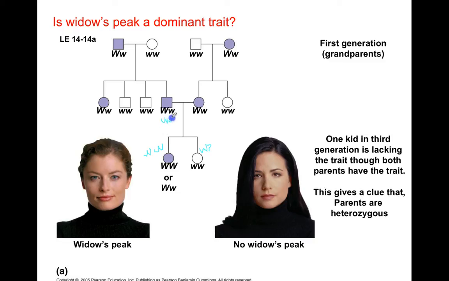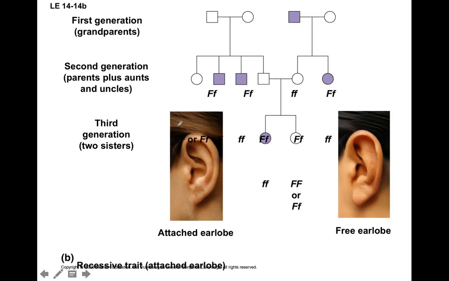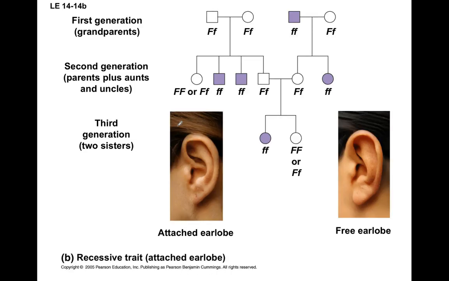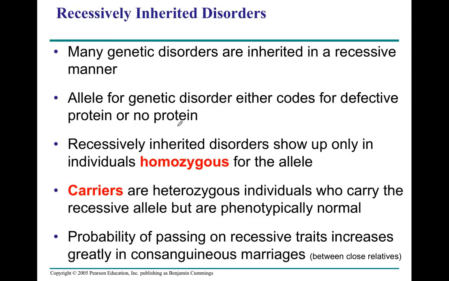How can they have a child with one big W when they do not have big W to give, right? So our question, is widow's peak a recessive trait, would be wrong. So your flow chart will tell you whether the trait is dominant or recessive. Like that, you can do another example for earlobe.